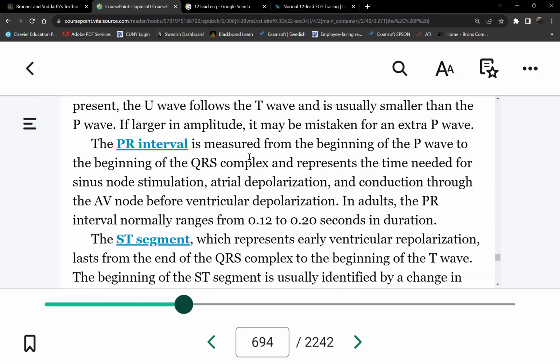The PR interval is measured from the beginning of the P wave to the beginning of the QRS, and represents the time for atrial depolarization and conduction through the AV node before ventricular depolarization. In adults, the PR interval normally ranges from 0.12 to 0.20 seconds in duration.